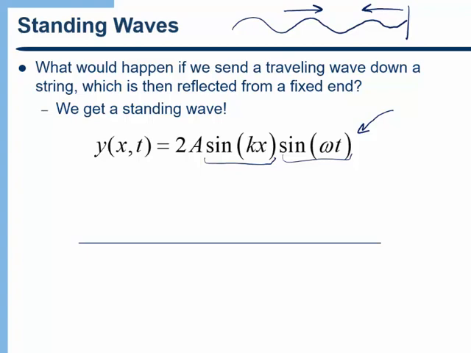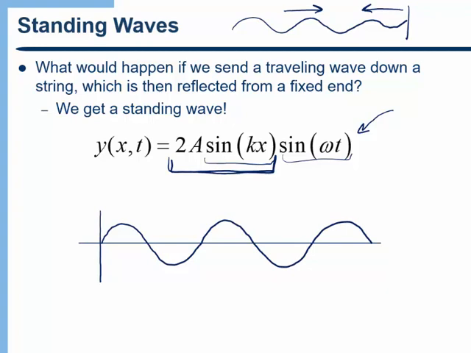The first thing I want to do is just graph this part of the equation, 2a sine kx. Well, what does that look like? It's a sine wave, so I know a sine looks like this. And then the other thing I know is that, remember, k is 2 pi over lambda, so it's periodic over lambda.